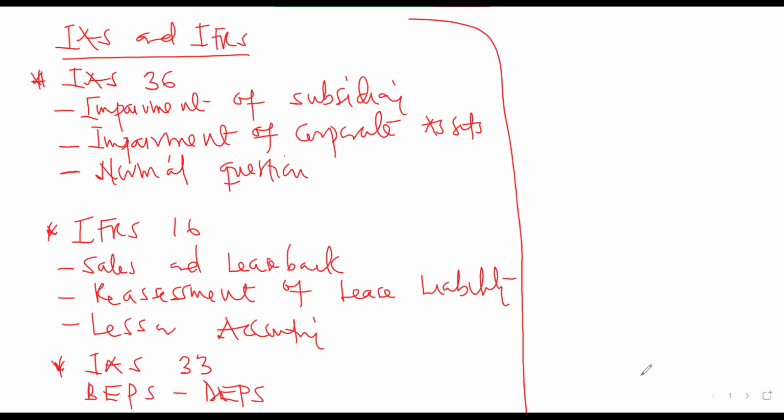From this, they can also ask you a question on IFRS 5, non-current assets held for sale and discontinued operations. If they want to give you a question, it will always be on the disposal group and the impairment issues.